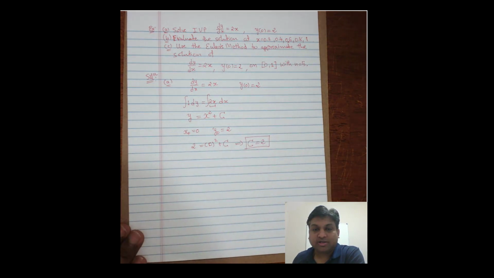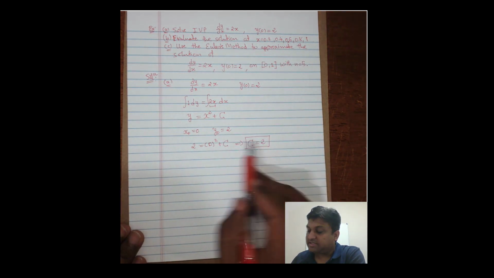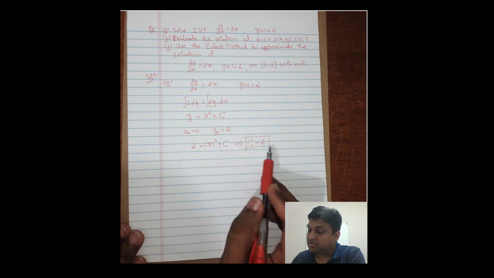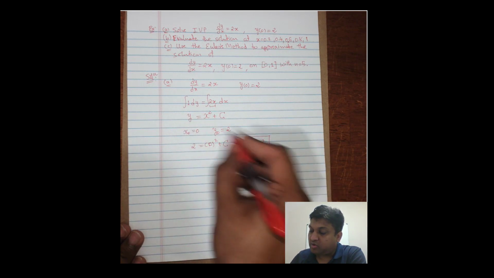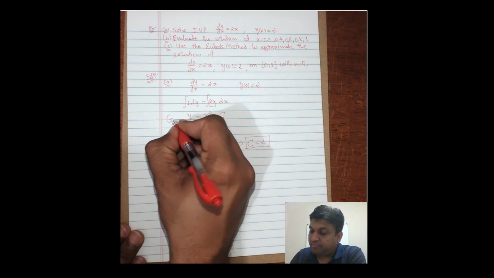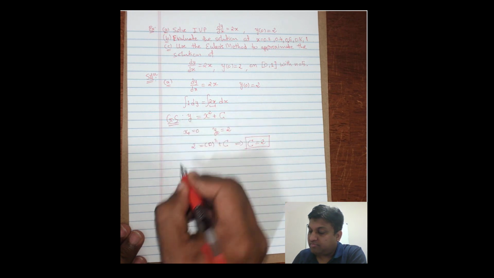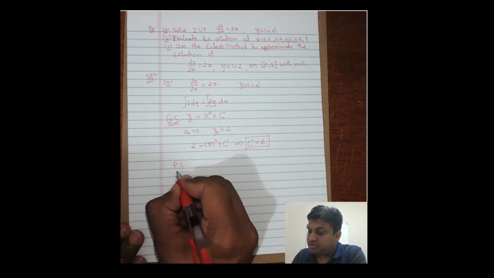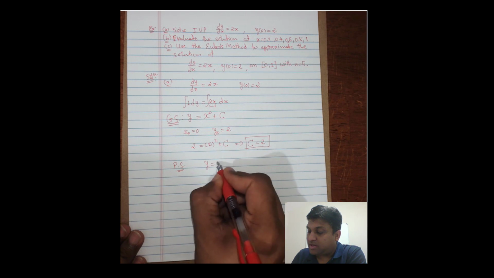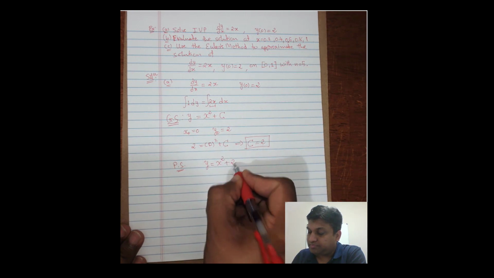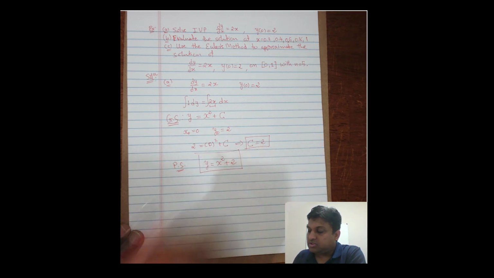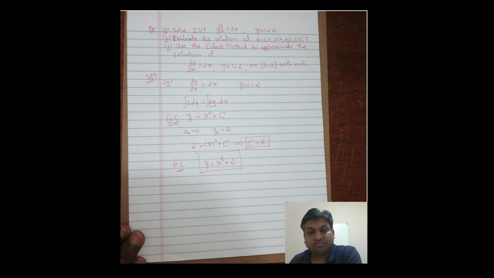Out of infinite choices, this is the one that satisfies my data. So I go ahead and put it into the general solution, and I get the particular solution y = x squared + 2.